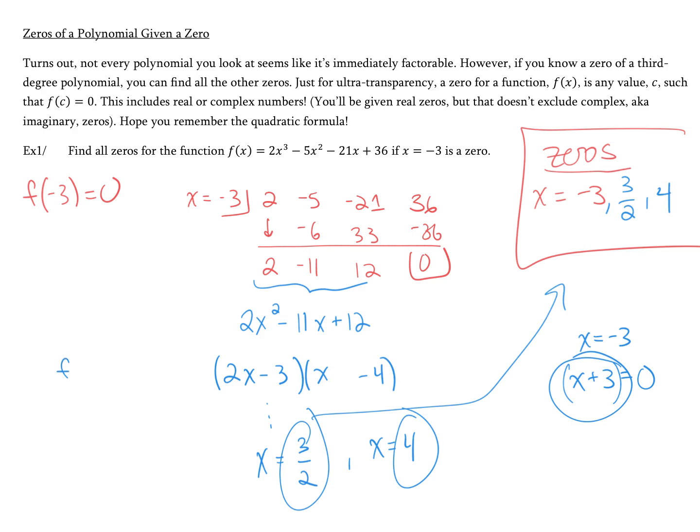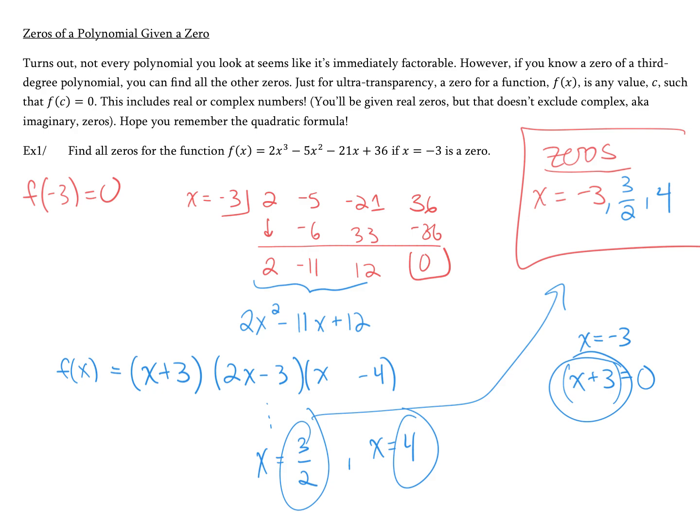So f of x can actually be factored here to x plus 3 times 2x minus 3 times x minus 4. And this goes back to what I said back here.